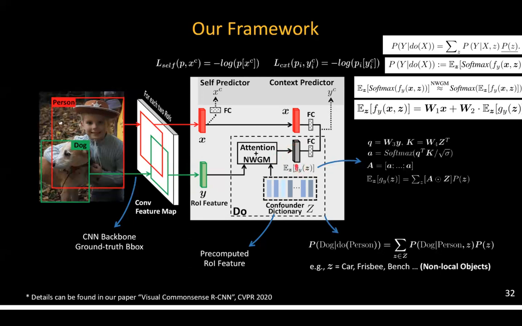So here comes the interesting thing, the do calculus. The do calculus, as we said, is that we want to predict the y by adjusting the z. And we see that the z is actually all the objects in this data set.